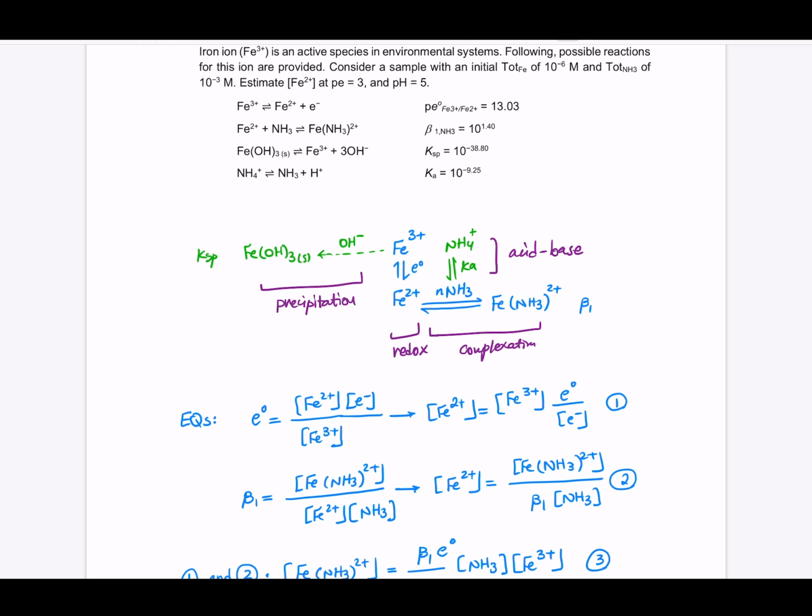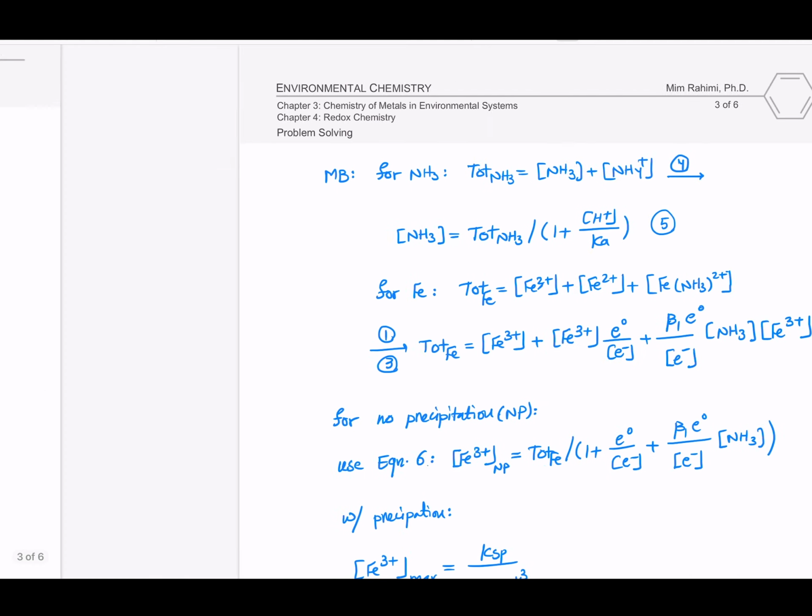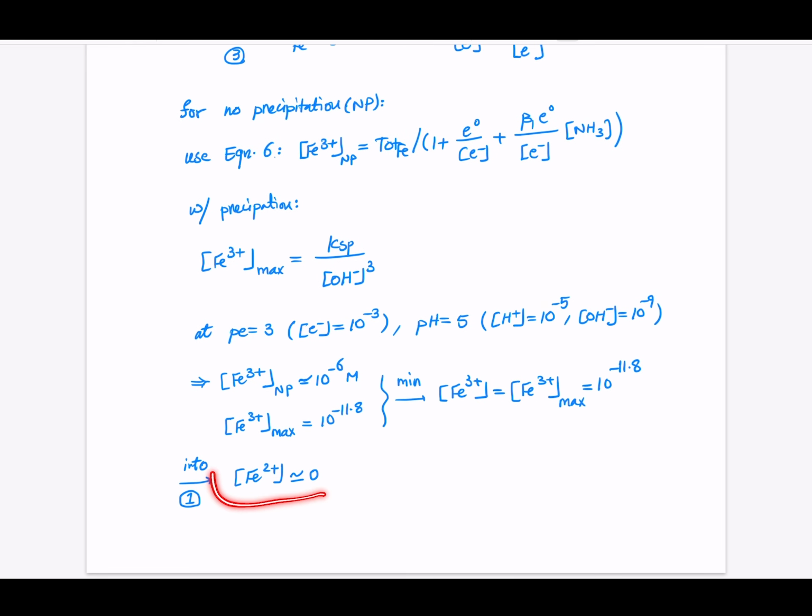So what is happening is basically most of the total Fe is going to be in the form of precipitate eventually, because of the very low solubility of iron hydroxide, considering the pH and pE. So most of it will be in the form of precipitate leaving the system. And eventually Fe2+ would be almost 0, and the concentration of dissolved Fe3+ would also be very, very low. And this would be molar, and this is basically molar.